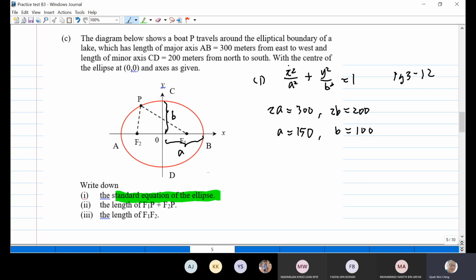The diagram shows which one is A and which one is B. So you put it in and you get the equation of the ellipse. The standard equation is x squared over 150 squared plus y squared over 100 squared equal to 1. This is how you answer part 1, the equation of the ellipse. In the exam, we will test you on ellipse, so at least you must know how the equation of an ellipse looks like.